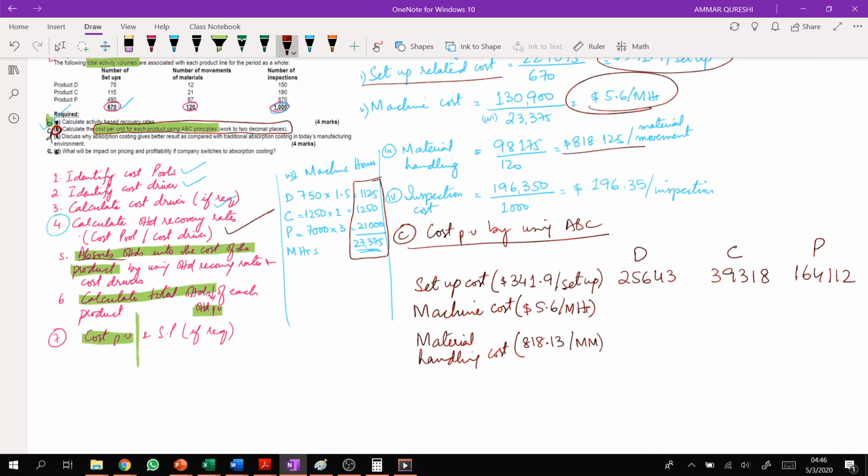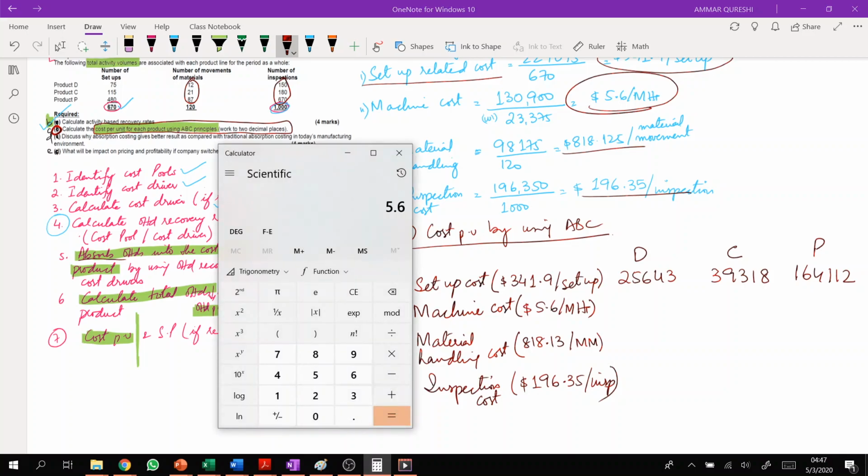We will multiply this figure with these three material movements, right? And then the last one is inspection related cost. Inspection cost is around 196.35 per inspection. So we'll multiply this figure with these three figures, right? You may pause this video and try to calculate this and then jump to the conclusion, or you may continue with me.